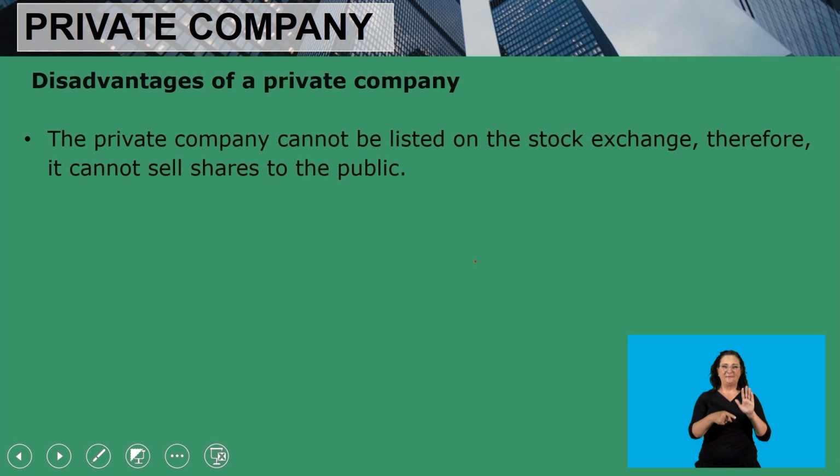Now, the disadvantages of a private company. A private company cannot be listed on the stock exchange, therefore it cannot sell shares to the public. Since it cannot be listed on the Johannesburg Securities Exchange or on any stock exchange, it cannot sell shares to the public.